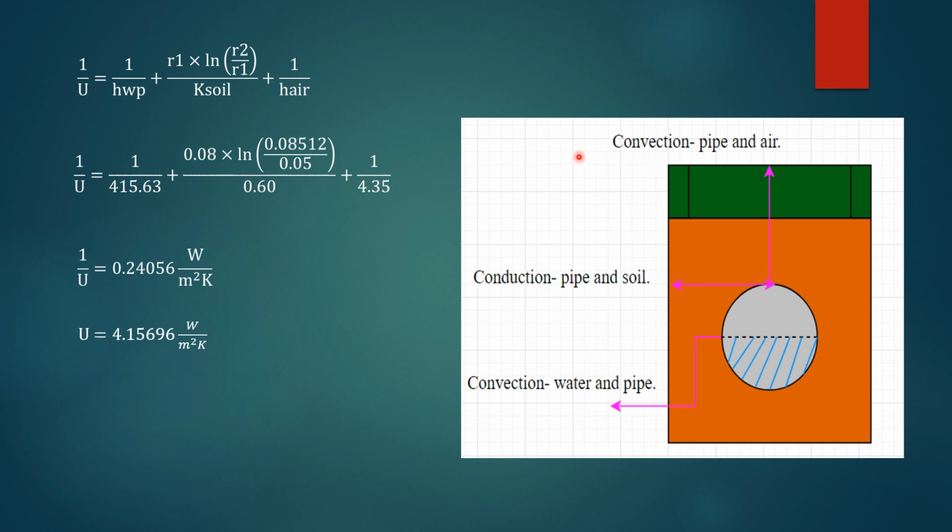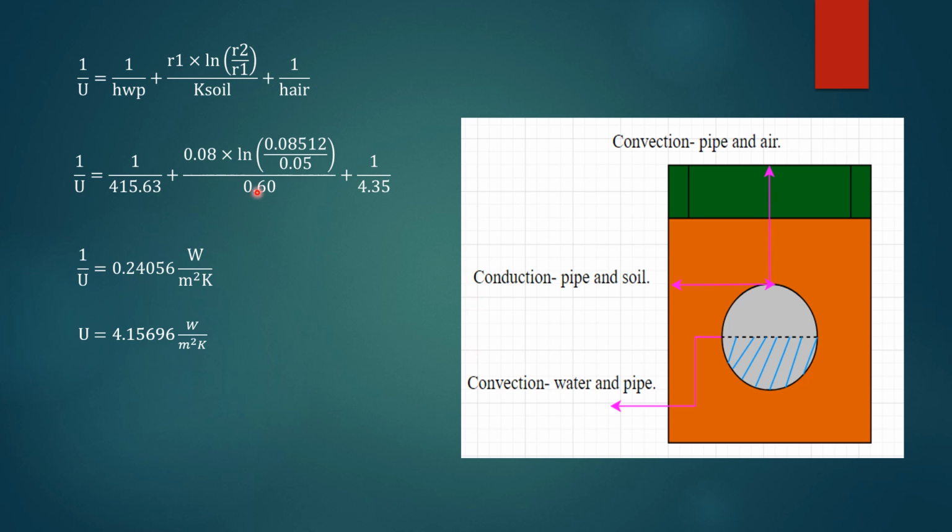On the left hand side, this is modeled through the following equation. We need to find the overall heat transfer coefficient, which is going to use the 1/U equation. As you see here, this is for the convection, this is for the conduction, and this is for the convection as outlined here as well.